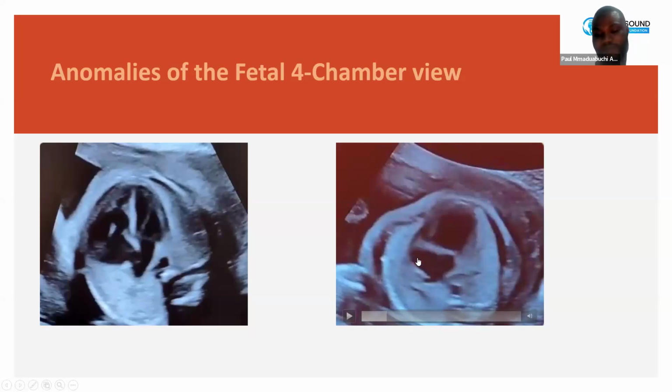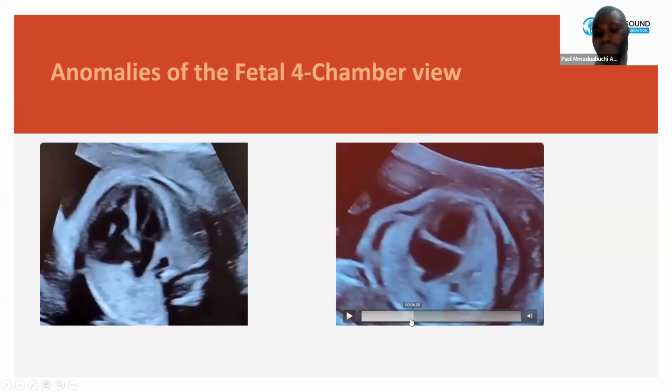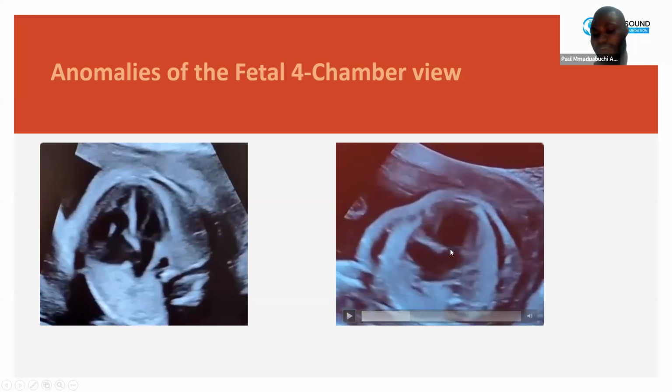Before I play the video, you can see the ventricular septum here, and you will see a very tiny right ventricle here, since this is the left ventricle. Looking at it, you will see a valve here, which is the mitral valve, and the mitral valve is actually opening. However, the valve connecting the right atrium to the right ventricle is not opening.